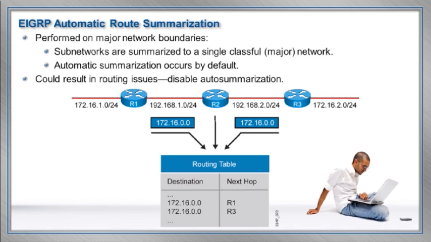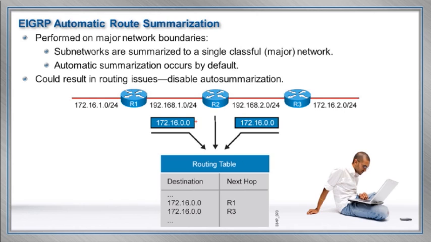So amazingly, EIGRP is going to summarize these subnets at classful boundaries by default. And oh my goodness, you can see what a problem this can result in. This is a classic problem for EIGRP in its default configuration, and the problem is called the discontiguous subnet issue.